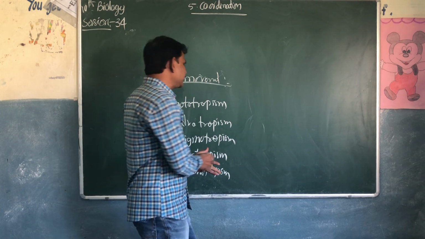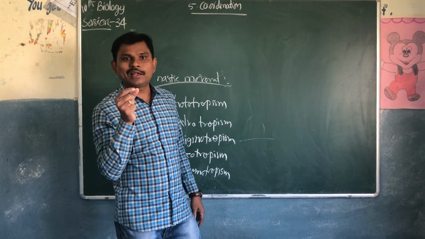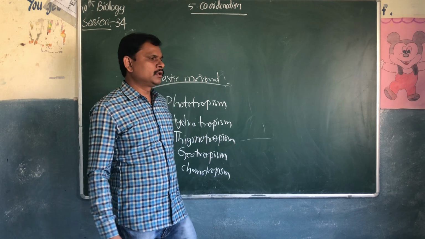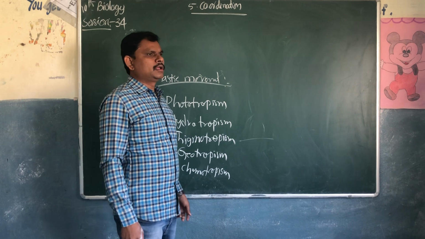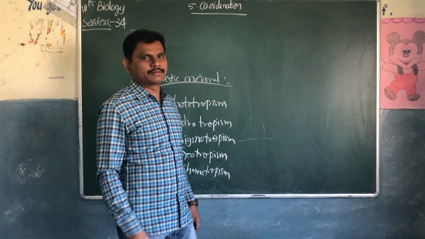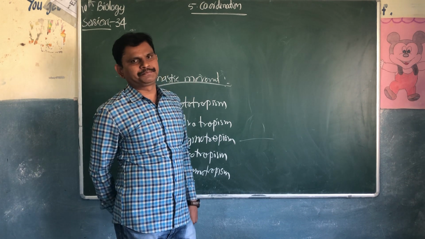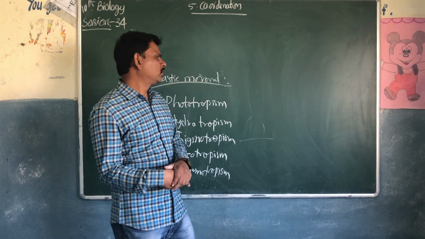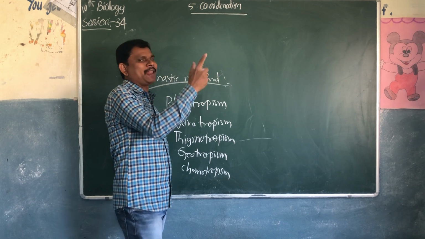Thigmotropism. We can see some plants are thigmotropic. They have tendrils. In your textbook they have given examples like bitter gourd and so many gourds which have tendrils. So they will attach to some other plants.